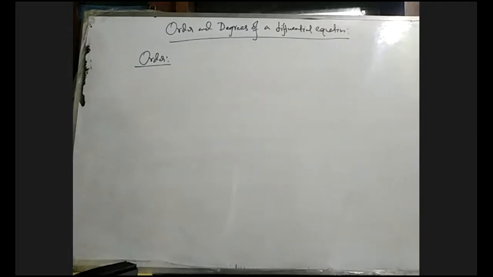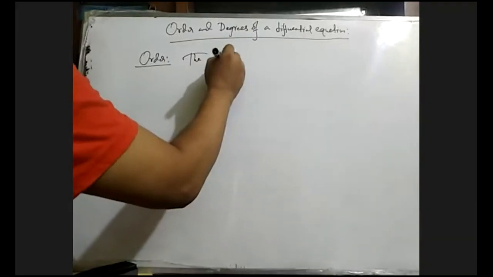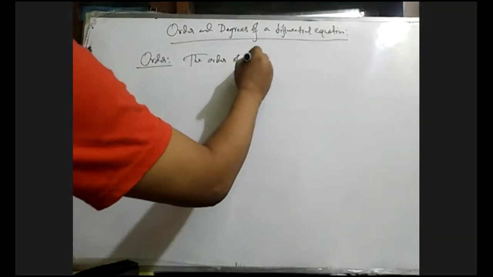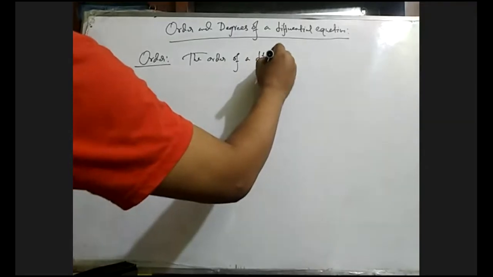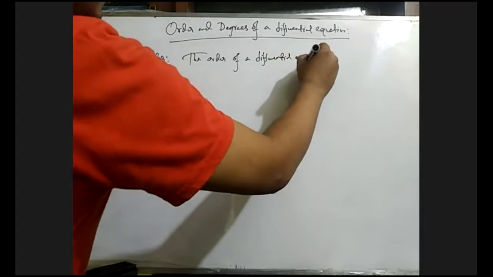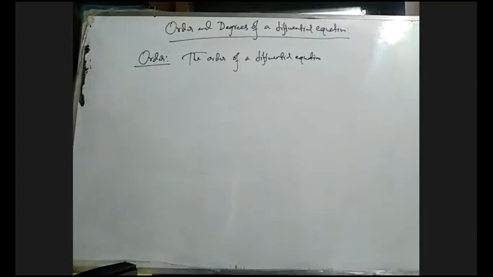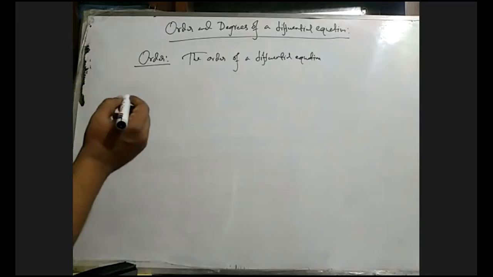The order of a differential equation will be what? Which will be the highest order, highest derivatives.